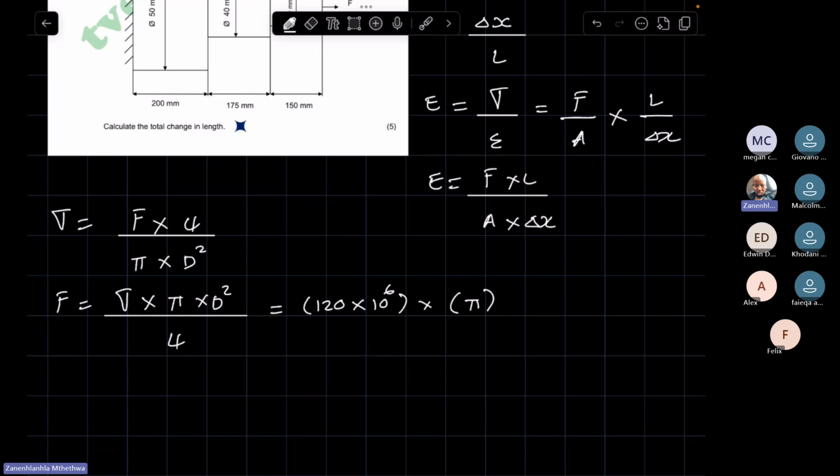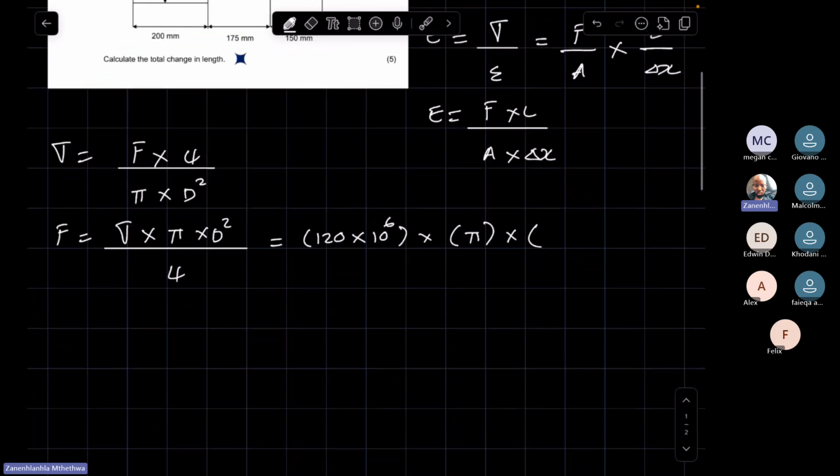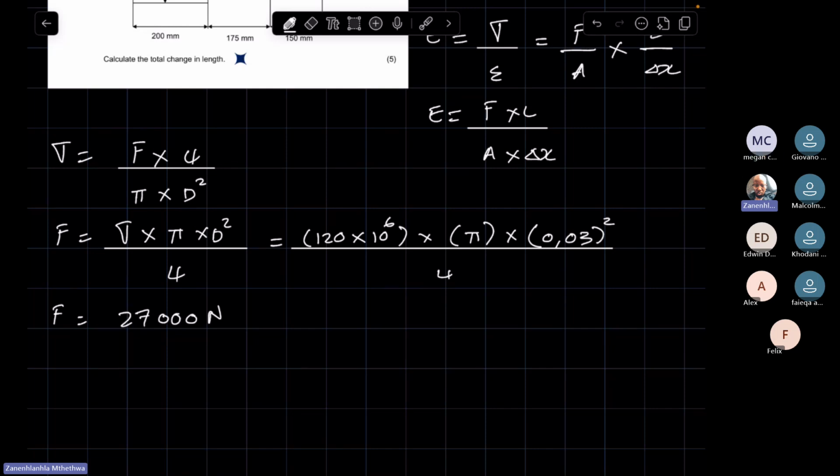Times pi times d squared, 30 millimeters is equal to 0.03, squared, divided by 4. And what do you get here? 27,000 newtons.